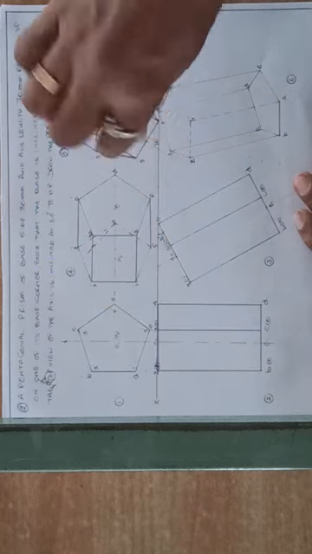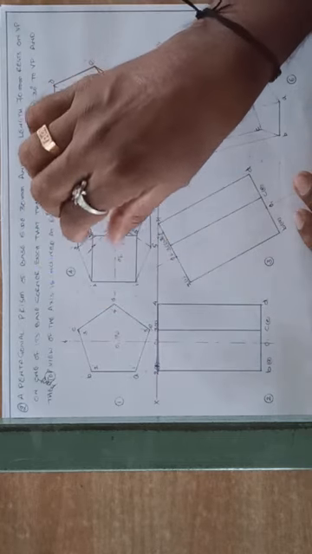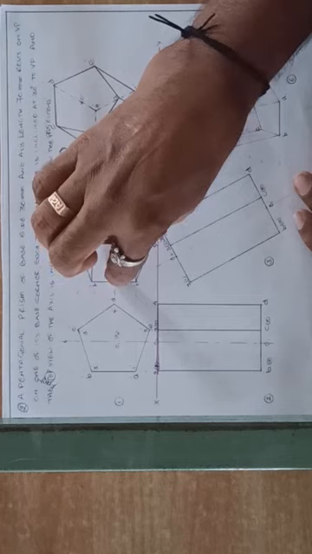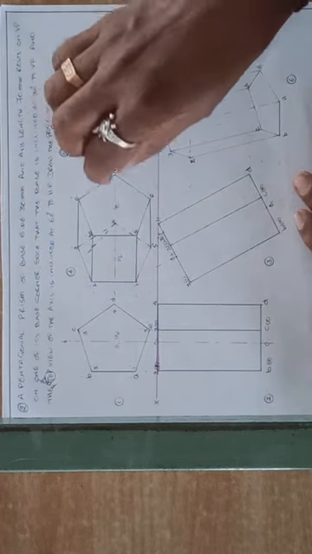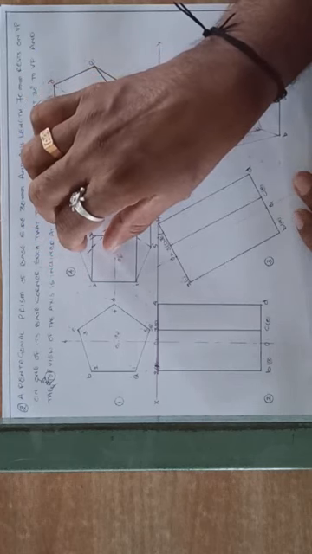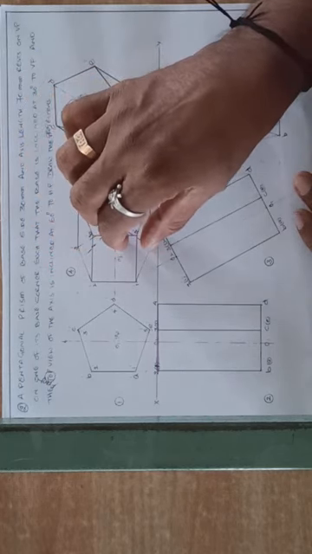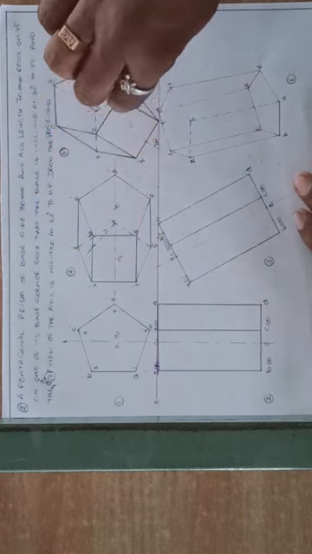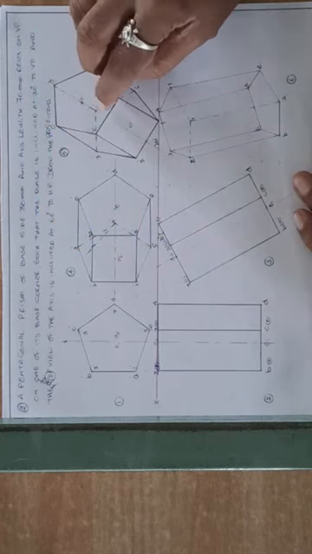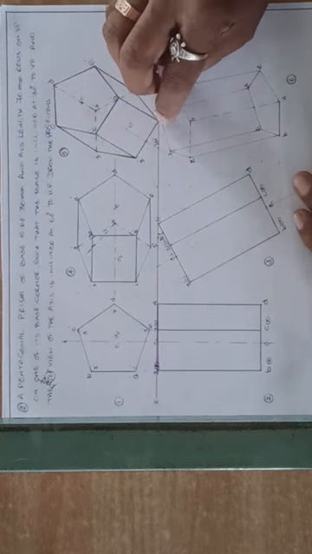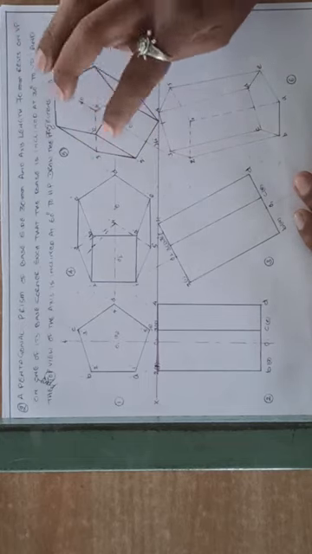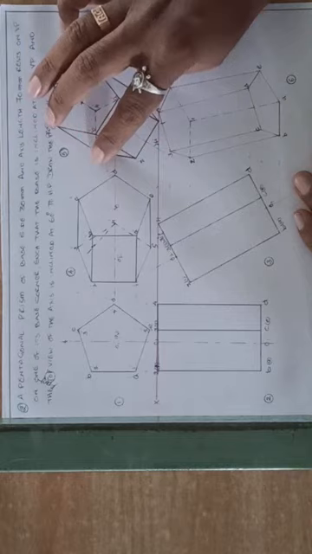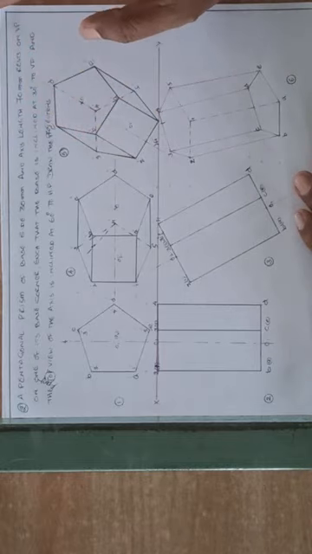And from this vertical line to 4 dash also you can transfer here, and similarly point 3 to the axis line, 5 to the axis line, you can transfer here, and you are getting the points 1 dash, 2 dash, 3 dash, 4 dash and 5 dash already transferred. Now if you want, you can join it, or otherwise finally also you can join.